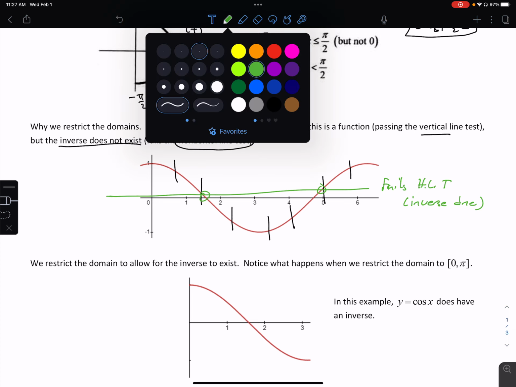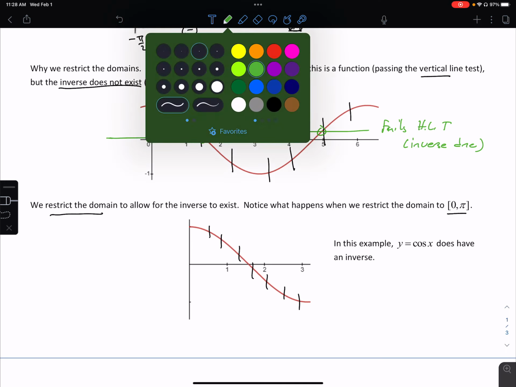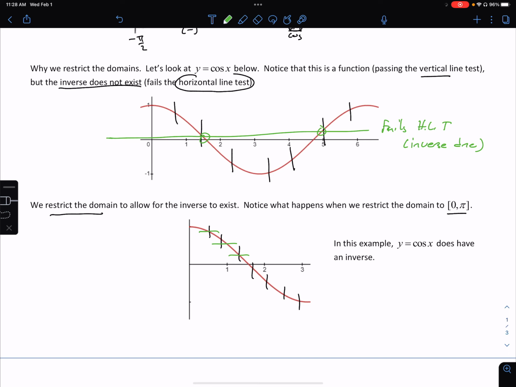So what we do, we restrict the domain to allow for the inverse to exist. Notice what happens when we restrict the domain of cosine from 0 to pi. Now, take a look here. We pass the horizontal line test. I never crossed the function more than once. We passed the vertical line test, and now we're passing the horizontal line test. We never cross the function more than one time.